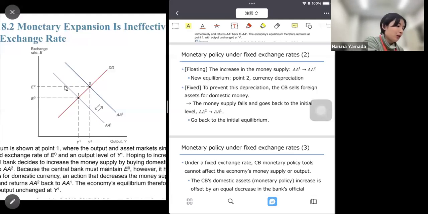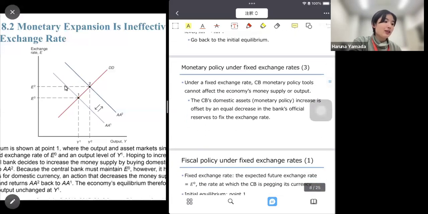Okay, so therefore, nothing changes due to the monetary policy shock. Under the fixed exchange rate, central bank monetary policy tools cannot affect the economy's money supply or output.